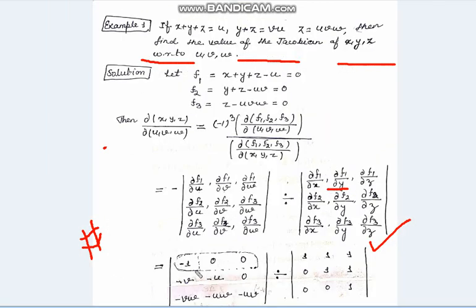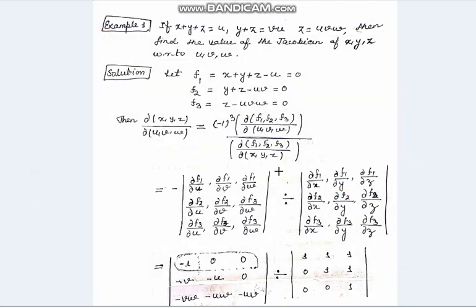So now we will try to solve this problem by using the previous formula. In this problem we are given x plus y plus z is equal to u, y plus z is equal to u into v, and z is equal to u into v into w. Then find the value of the Jacobian of x, y, z with respect to u, v, w.